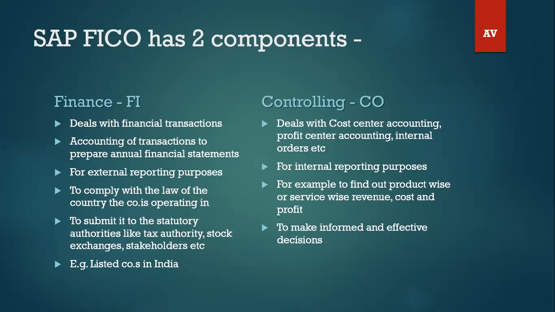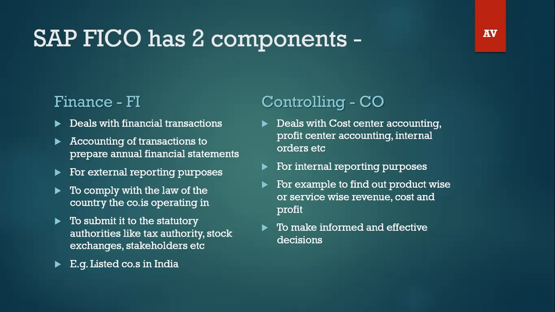What is an internal reporting requirement? Let's assume there is a manufacturing unit with multiple products, and the management wants to know which product is doing well, which product will have to incur more expenditure going ahead, which product requires more marketing and advertising expenditure, where we are spending more, where the revenue is coming from, which is more profitable, which product we have to discontinue, where we have to increase production and so on.